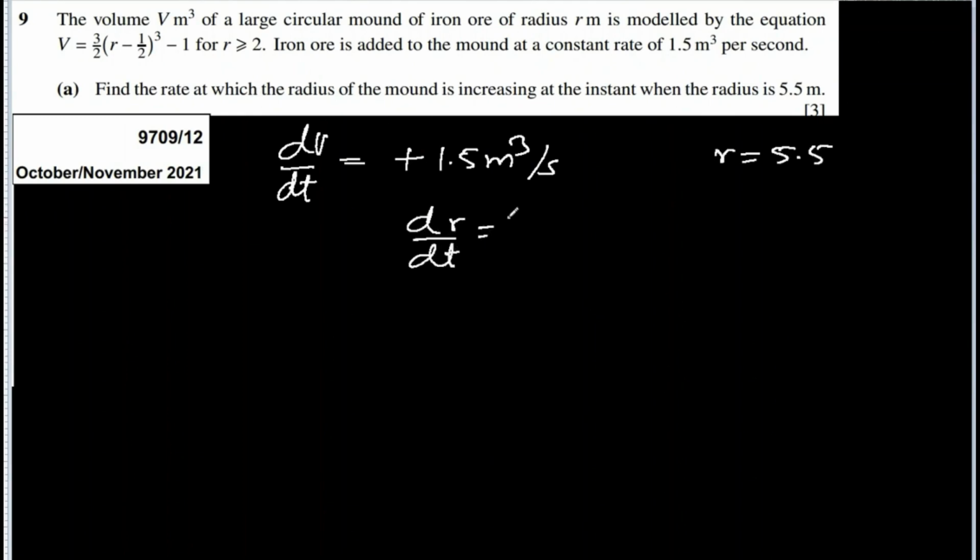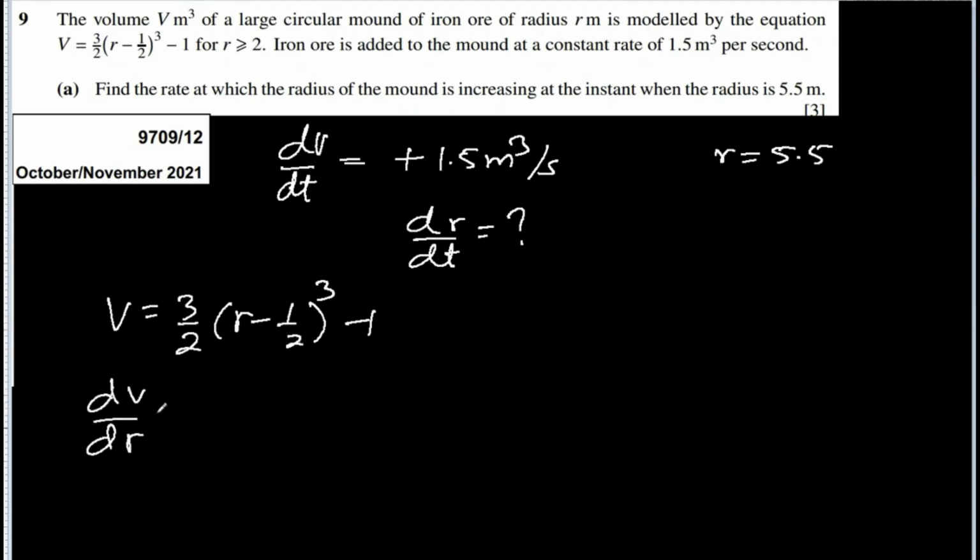So they are asking what is the rate of change. Okay. So let's differentiate this main equation v equal to 3 over 2 r minus half cube minus 1 with respect to r. So dv over dr will be, whenever a constant multiplies with the variable containing part, do not touch it. So 3 over 2 is copied. We'll just focus on this power of a function.